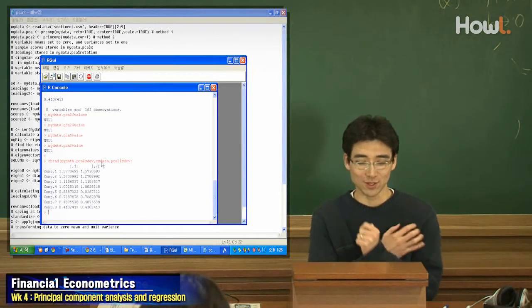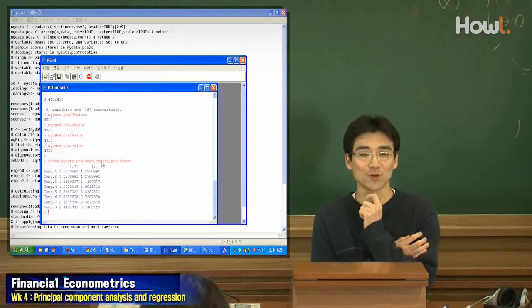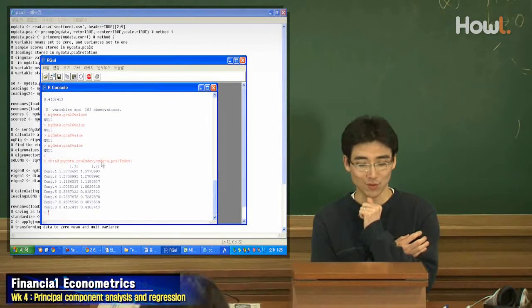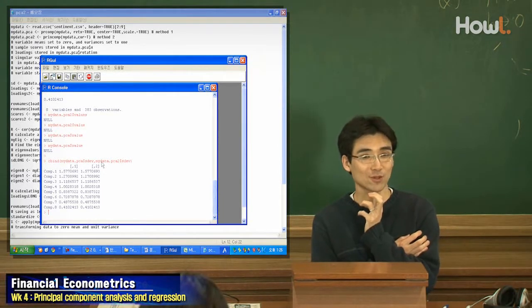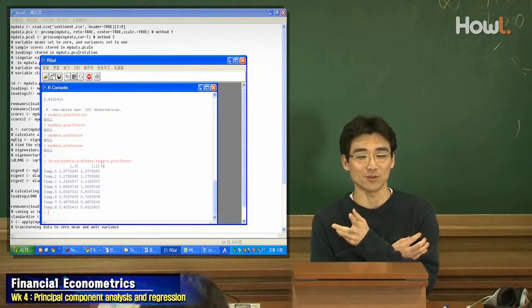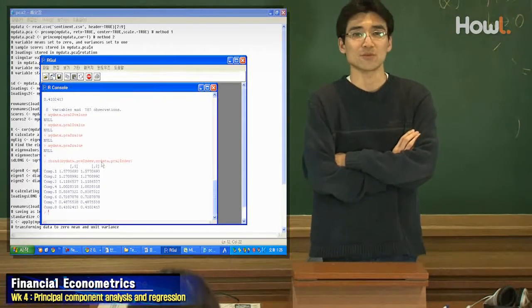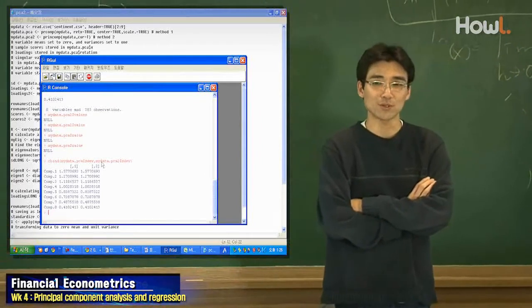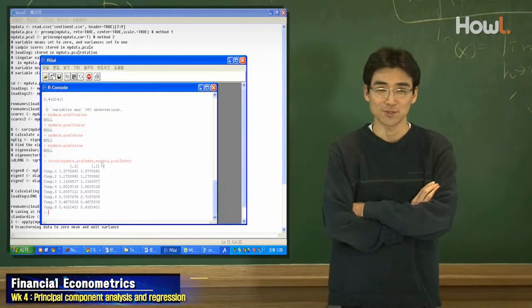So they are standard deviations of each principal component. Therefore, if we square this, basically they are eigenvalues, right? Do you remember? So basically the eigenvalues of a correlation matrix are the variance of each principal component extracted from that correlation matrix.